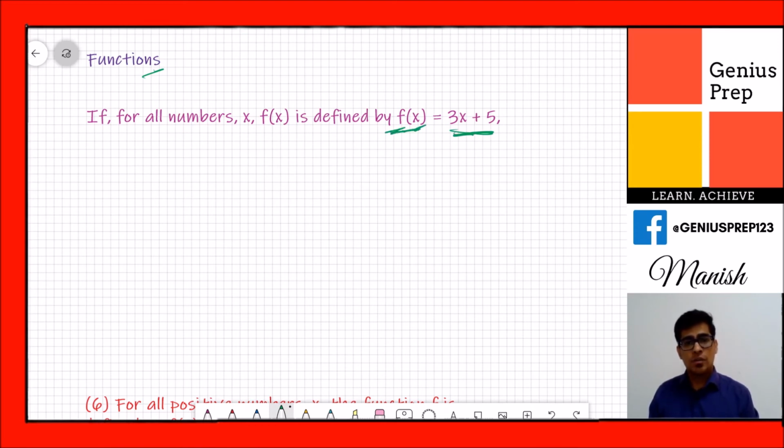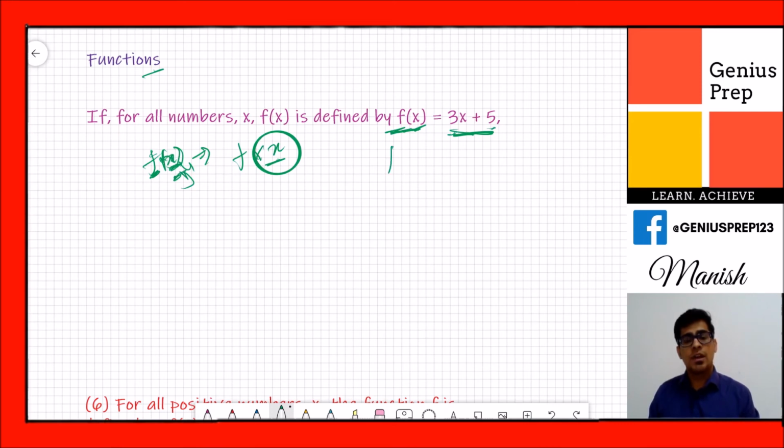Writing f(x) doesn't mean that we are multiplying f with x. It means this equation has the variable x, and we have to find the value of it. You can say this is the output. Suppose f(x) is equal to 3x plus 5.